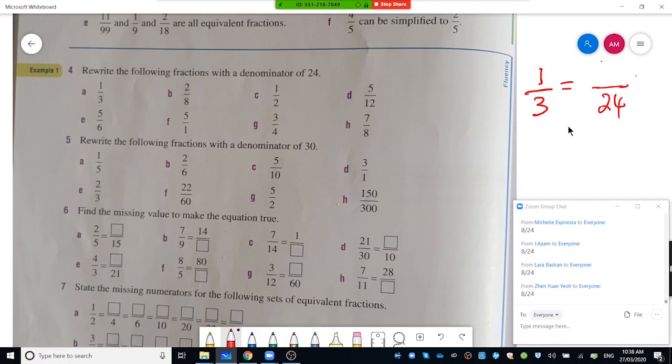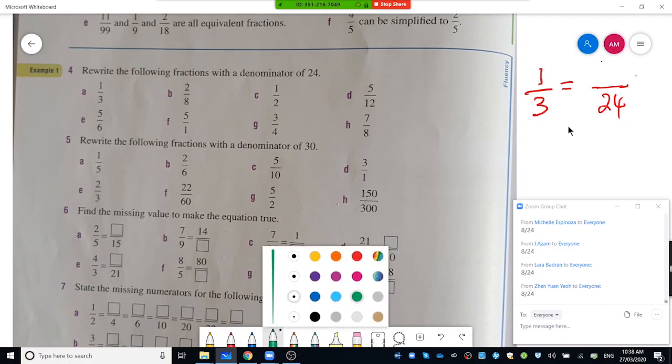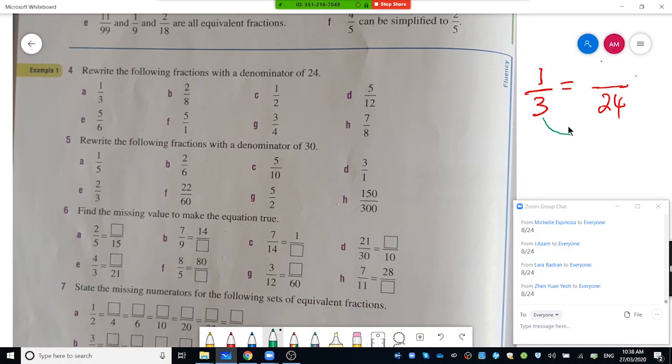Let me take green color. If we have to move from 3 to 24, we have to multiply it by 8. Therefore, we do the same thing in the numerator also. We multiply it by 8.